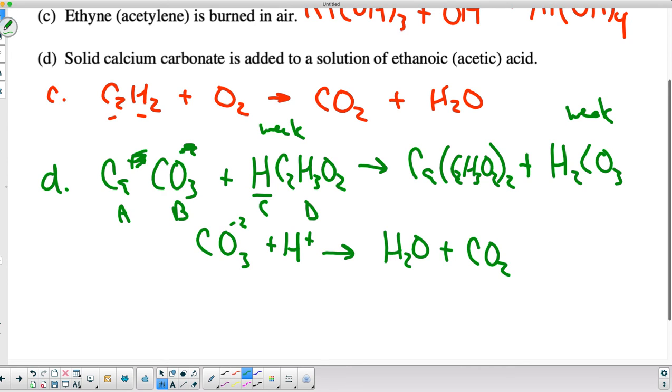Okay, and you'll see this. This is what all the bubbling is about. You probably have seen this already in the lab, either from Honors Chem when we did that big 13 reaction lab, or from somewhere else.